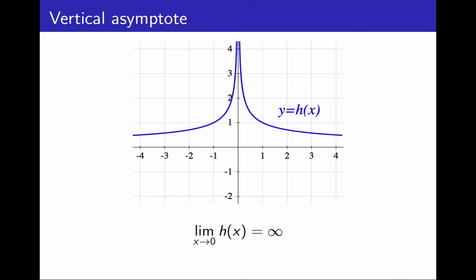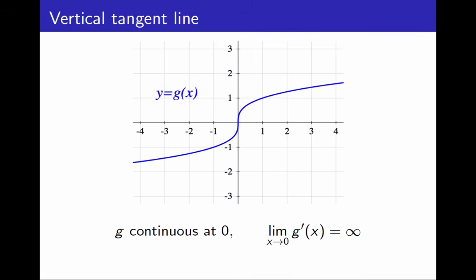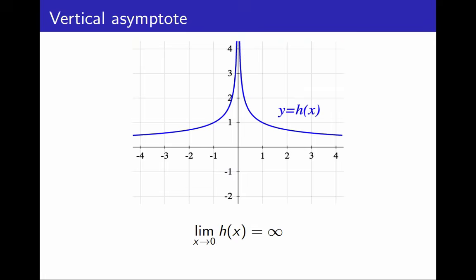Notice that the function itself is not defined at 0, and the limit of the function h itself as x approaches 0 is infinity. By contrast, in this graph, the function g has a vertical tangent line at x equals 0. The function itself is perfectly well defined and continuous at 0. It is the derivative, g prime, which has limit infinity as x approaches 0. So don't confuse vertical asymptote and vertical tangent line.